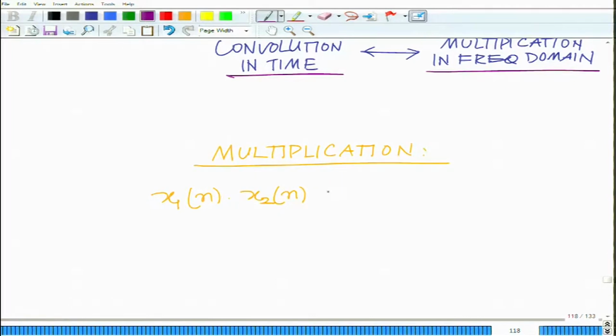Now remember, the X1(omega) are periodic, hence this is the periodic convolution, 1 over 2 pi X1(omega) periodically convolved with X2(omega), because remember the net DTFT also has to be periodic when you convolve periodic signals.